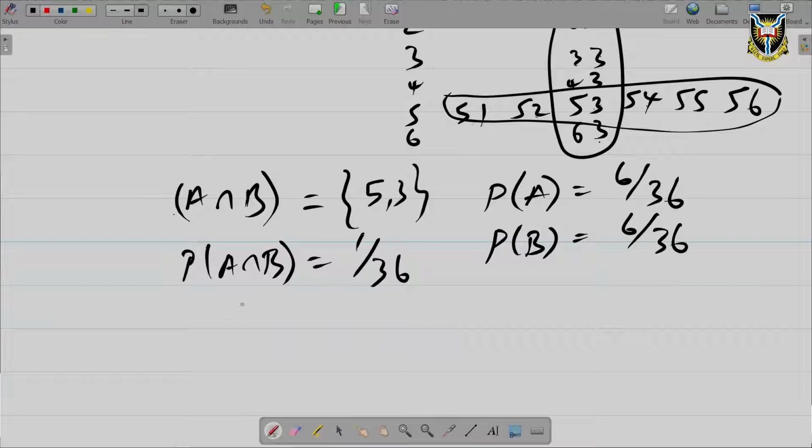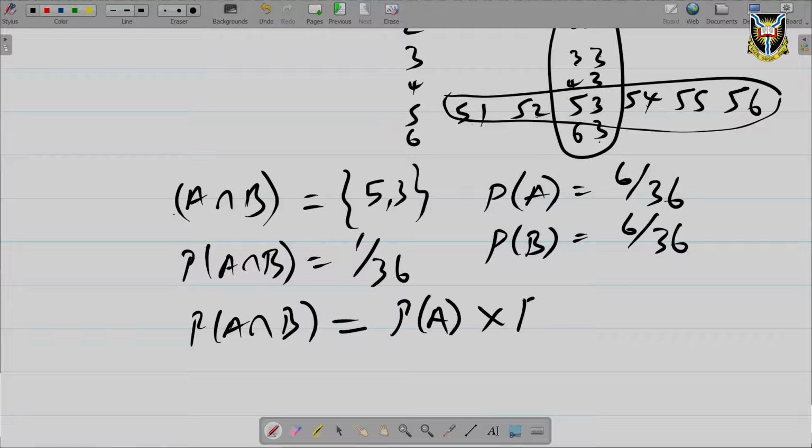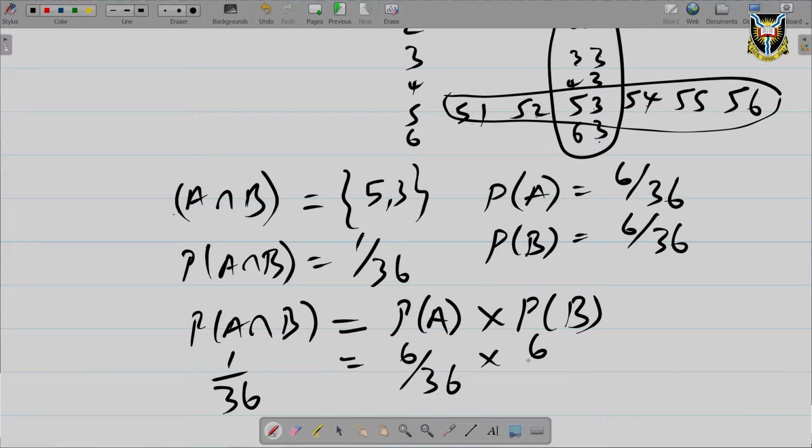For A and B to be independent, the probability of A intersection B must be equal to the probability of A times the probability of B. Here, 1 over 36 against 6 over 36 times 6 over 36. That is what we need to show.